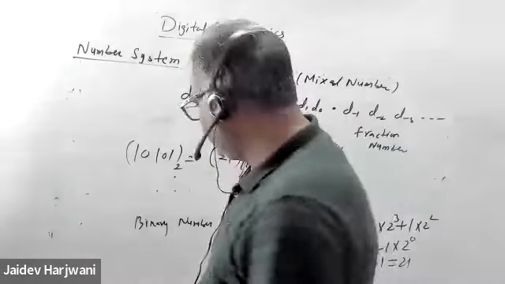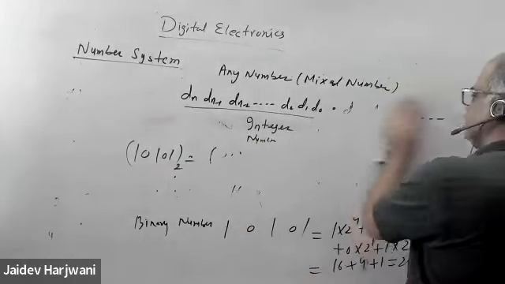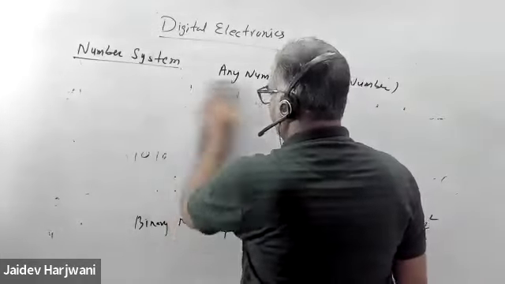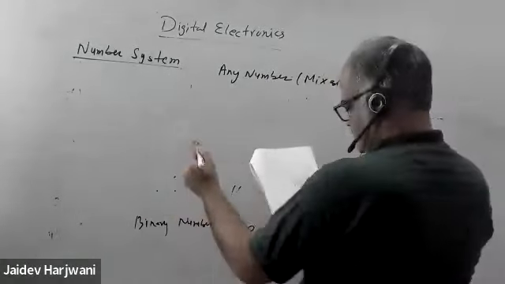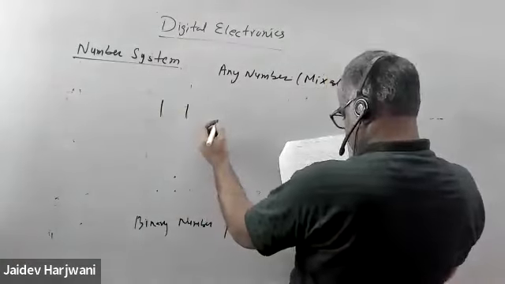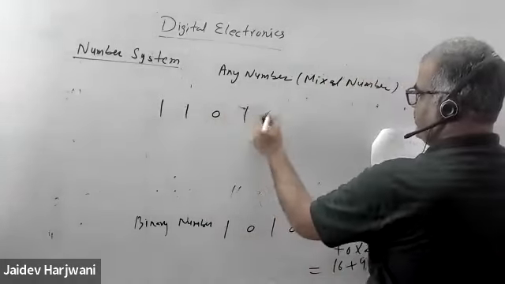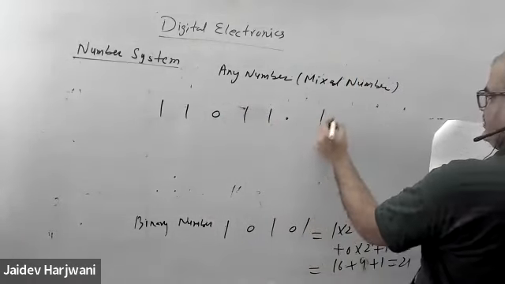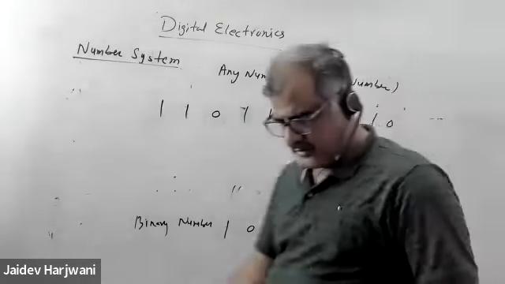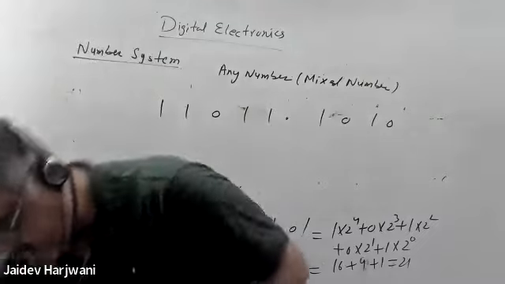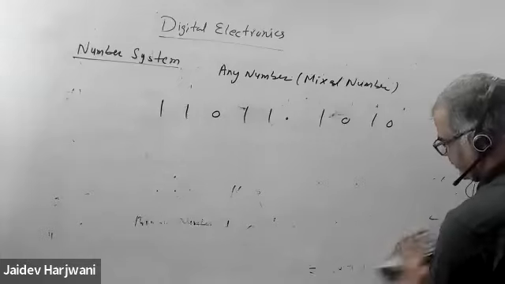Now this was your integer number. What if there is a fractional part also? This is only an integer number, so let me write a mixed number. Suppose now I have 11011.1010, and I want to convert this number to its decimal equivalent.